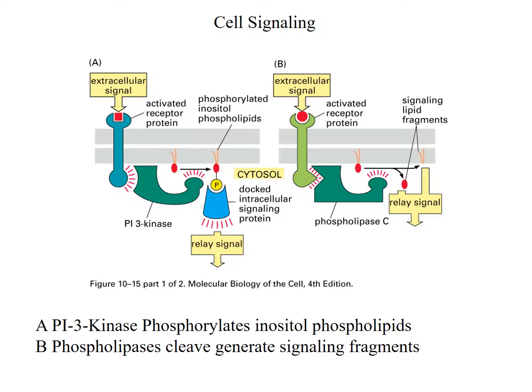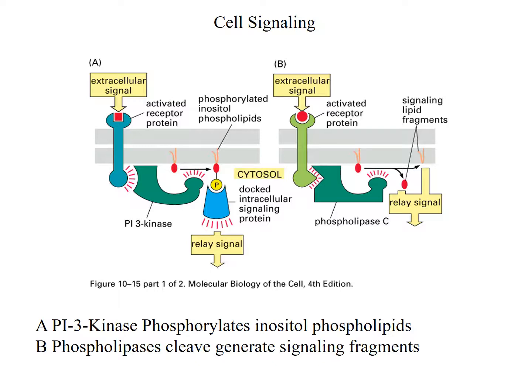So in this case, instead of a phosphorylation, the receptor ties into a phospholipase, in this case phospholipase C, and its substrate is this same phospholipid, but this time the phospholipid is broken, and the IP3, this little red candy here, is known as IP3, inositol triphosphate, and this fatty acid is diacylglycerol, DAG.